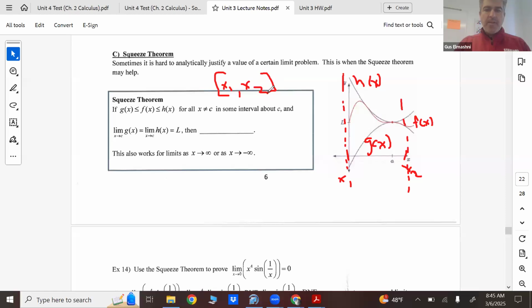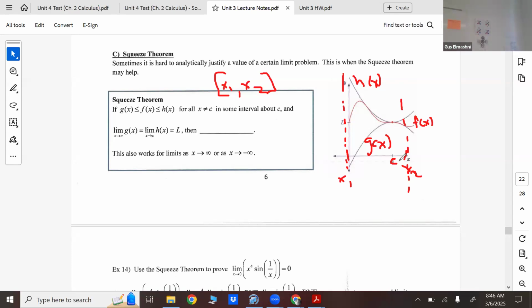And x is approaching c, whatever c is. Actually, that should be a c. I don't know if that's a letter A there, that's confusing. I'm not sure why that's weird. That thing should be a c.